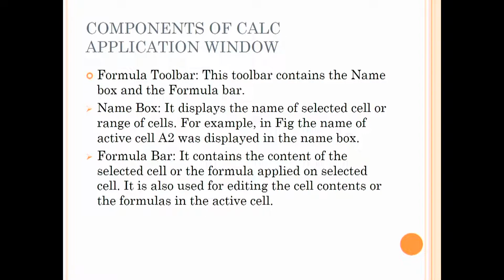The name box displays the name of the selected cell or the range of cells. For example, if the active cell is A2, then it would be displayed in the name box. The formula bar contains the content of the selected cell or the formula applied on the selected cell. It is also used for editing the cell contents or the formula in the active cell.